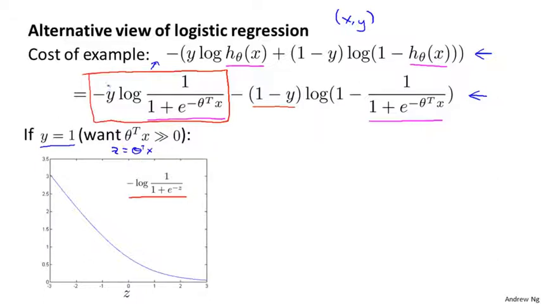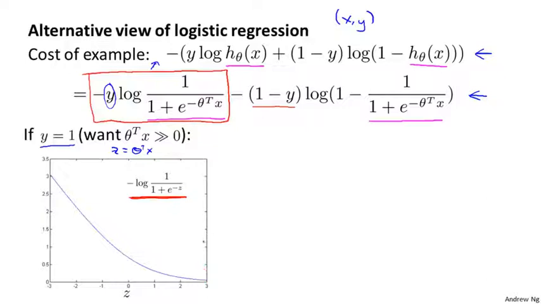Of course, in the cost we actually had this minus y, but since y is equal to 1, I just simplified it away in the expression that I have written down here. And if we plot this function as a function of z, what you find is that you get this curve shown on the lower left of the slide.